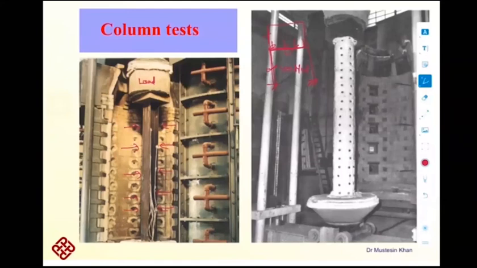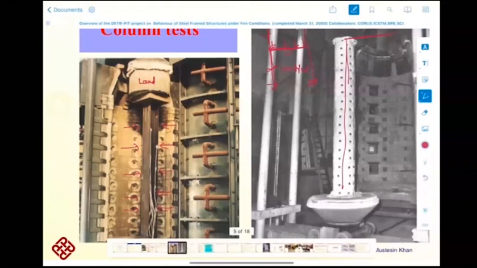It would behave in a completely different way if it were connected to the real structure. The kind of connection which it forms with the other parts of the structure is missing. So it is also not representing the real connection with the rest of the structure. One, it is not representing the real fire scenario, and the second thing, it is not representing the real structure in itself. It is a part of the structure.